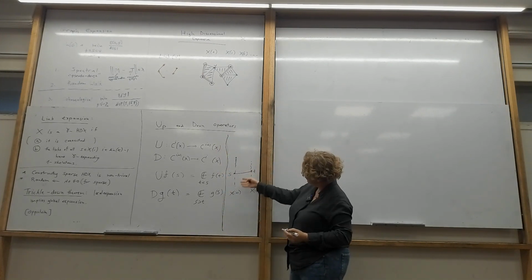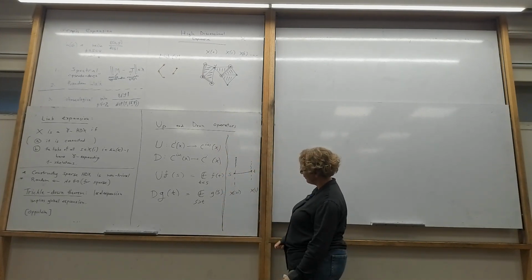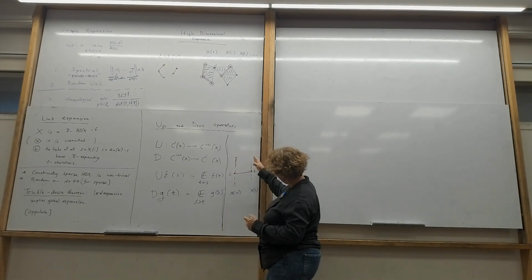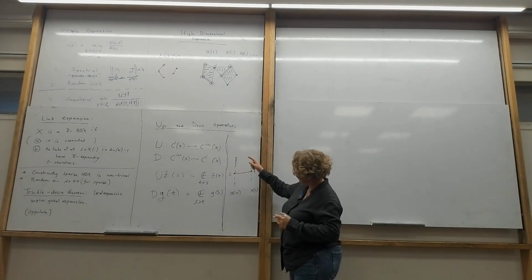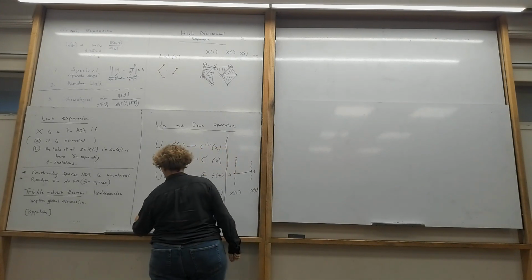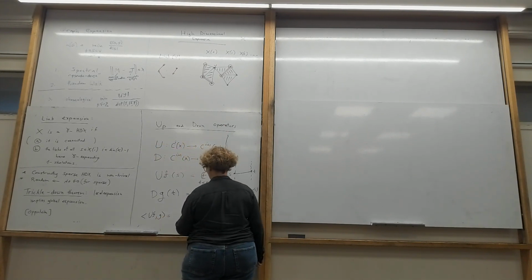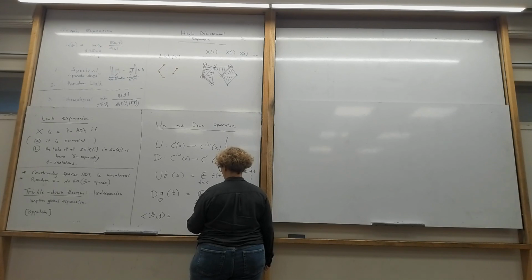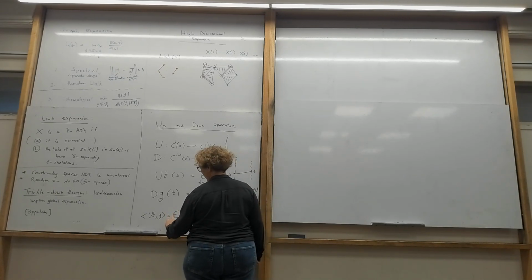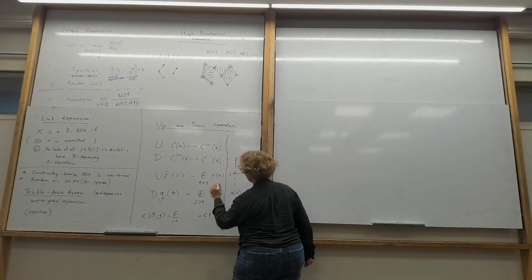Okay, so this is a geometric picture of the up and down, and this also shows how they are adjoint to one another. If you look at the inner product, you can write that the expectation of Uf comma g is equal to f comma dg, and in the middle you get the expectation over all pairs s bigger than t.